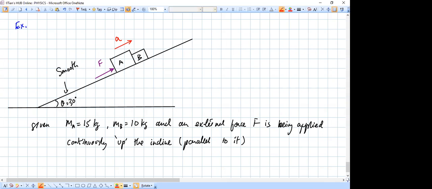Such that a is equal to 2 meters per second square.